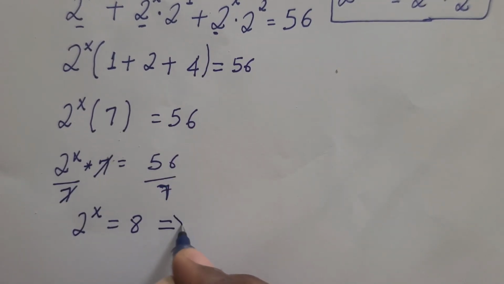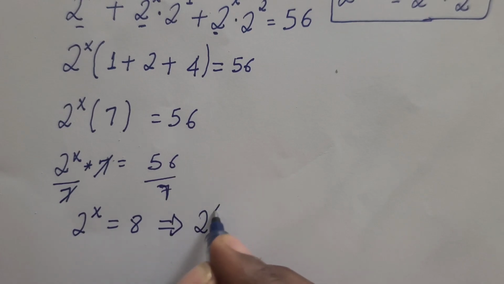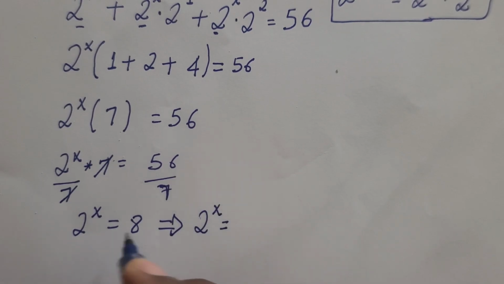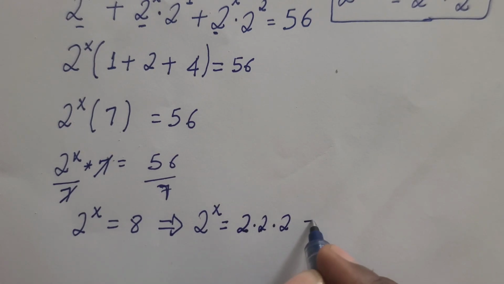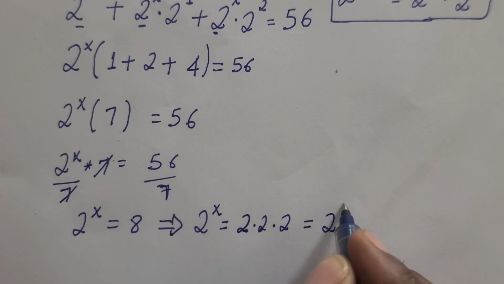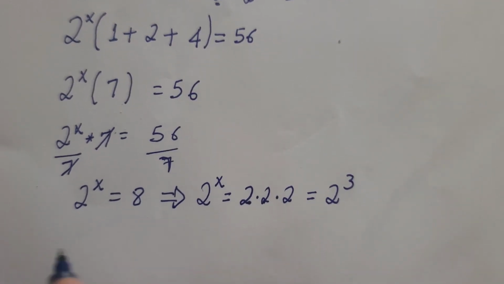Which implies 2^x equals 8. 8 is a multiple of 2: 2 times 2 times 2, that is 2 times 2 is 4, 4 times 2 is 8, which is 2^3. Therefore, 2^x equals 2^3.